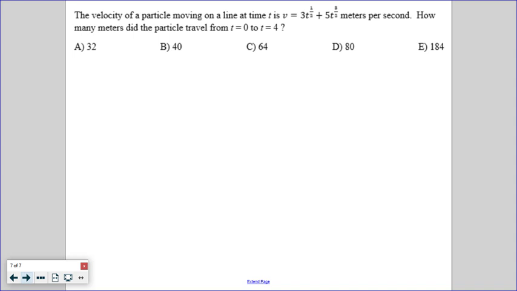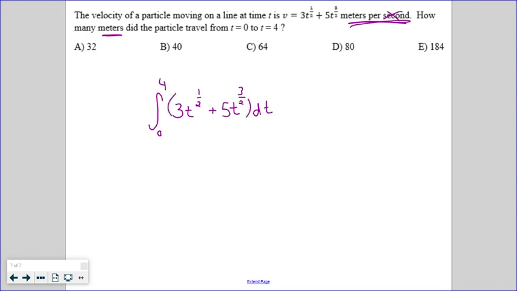So again, if we're going from meters per second to an answer in meters, we would do the integral, because we only want the top of the labels there. So we'd be looking at the integral from 0 to 4, totaling up distance, given a rate of 3t to the 1/2 plus 5t to the 3/2 dt.